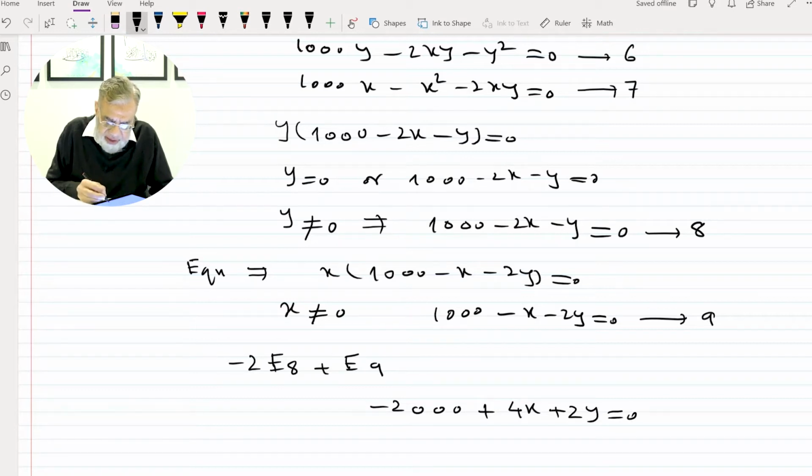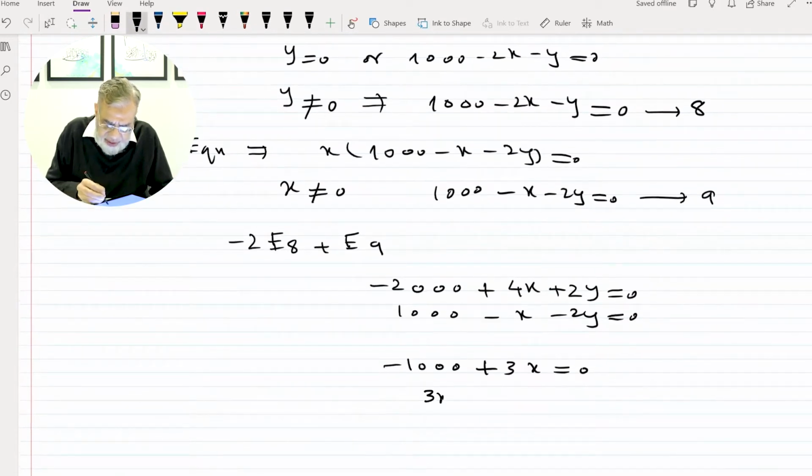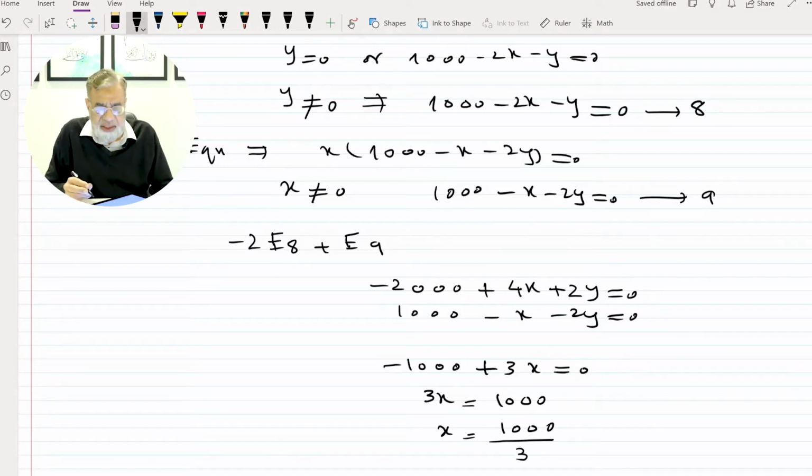Now equation 9 is 1000 minus x minus 2y equal to 0. When we add them, we get minus 1000 plus 3x equal to 0. This gives me 3x is equal to 1000, so x is equal to 1000 over 3. So that's the only value of x I got.